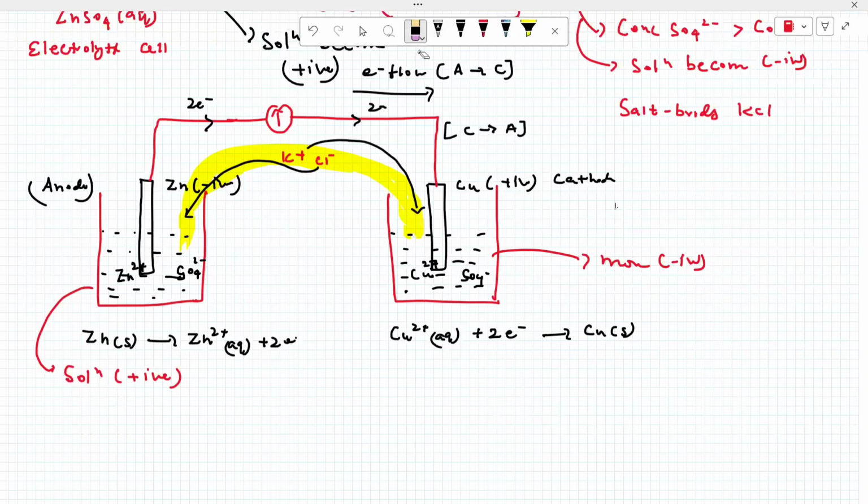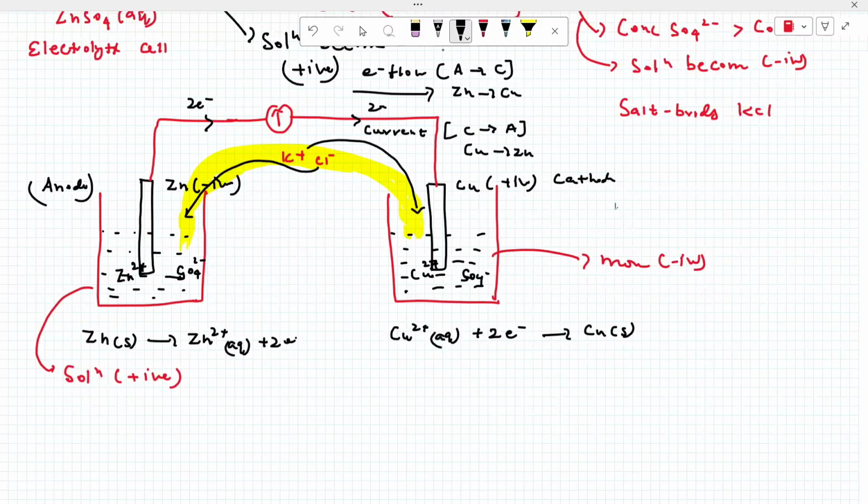Electrons flow from zinc to copper. Current flows from copper to zinc. This is very important, please. This is the basic construction of the galvanic cell.